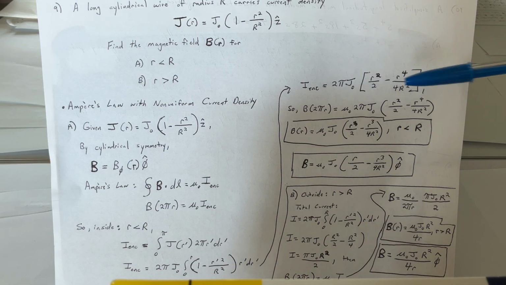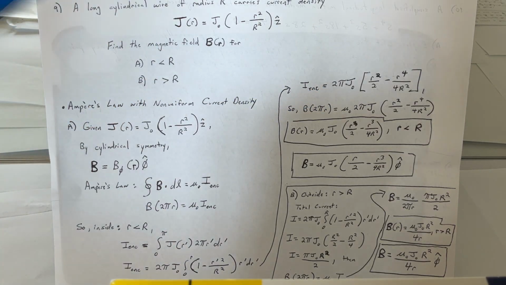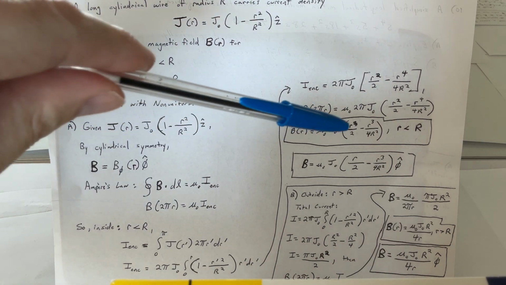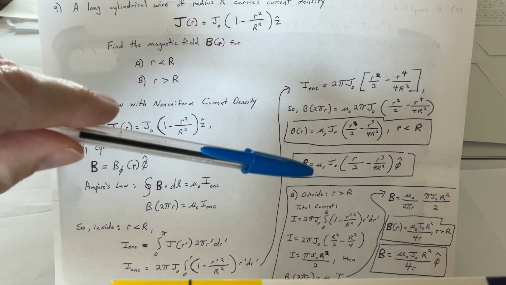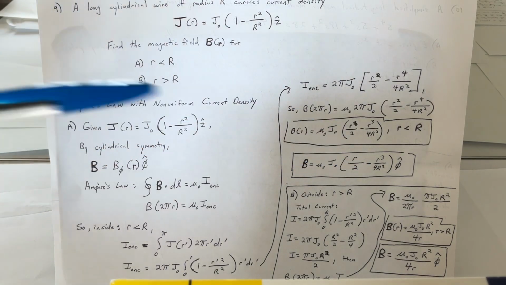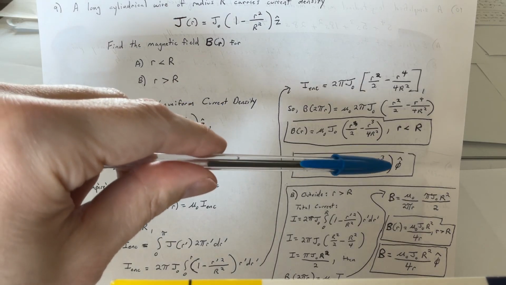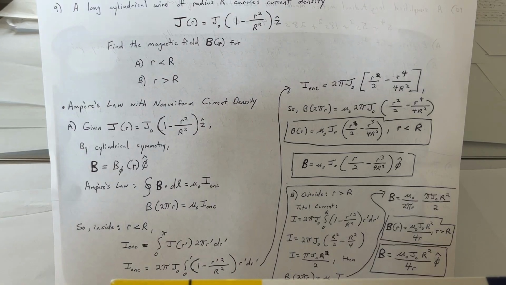We wind up with this after we integrate. And so B of r equals mu naught J naught times the quantity r over 2 minus r cubed over 4 capital R squared, times phi hat.